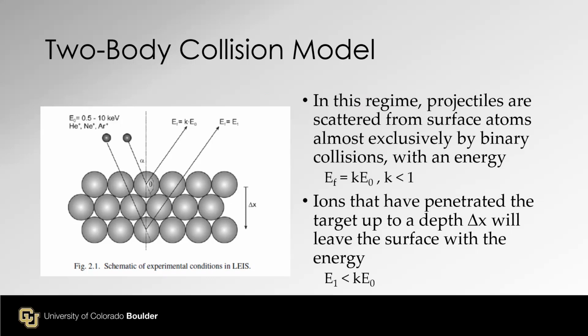Primary ions can go deeper into the sample surface, and eventually these ions can leave the surface as well. But the energy E1 should be smaller than K times E0, smaller than for the two-body collision.